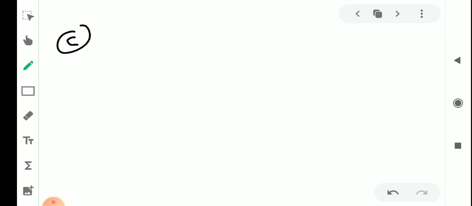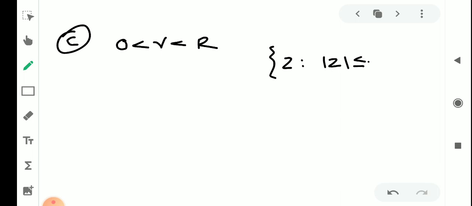Then the C part. The C part says, if there exists a number 0 less than small r less than capital R, that is, for any positive real number below capital R, the set of z such that mod z is less than or equal to r, that is, the closed disc with center at the origin and radius small r, we have to show that in this region the series is uniformly convergent.